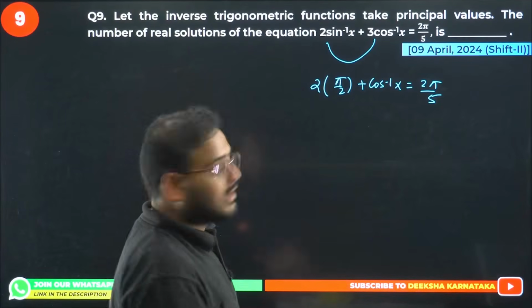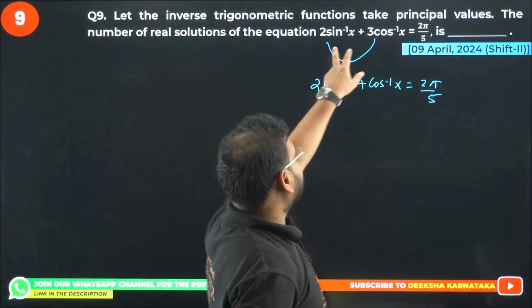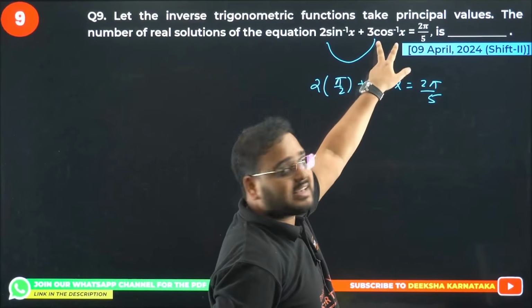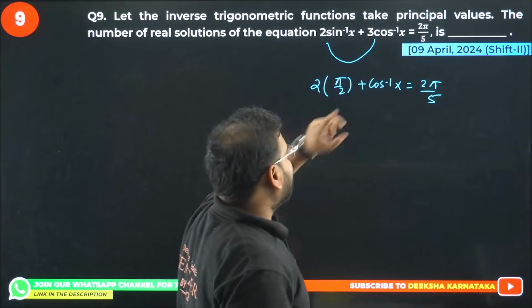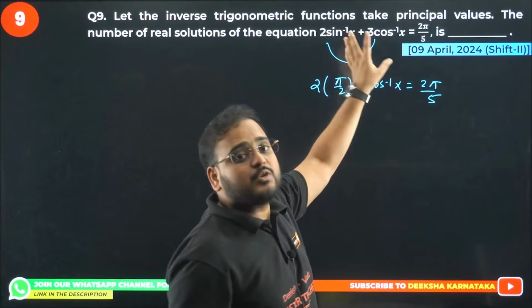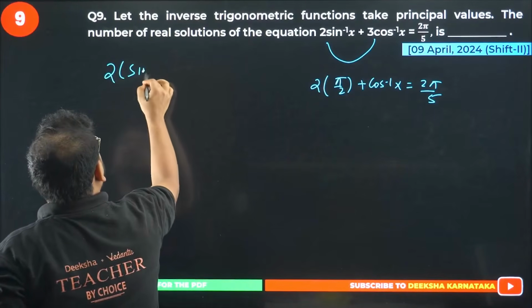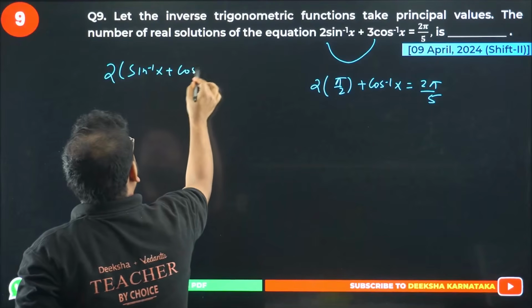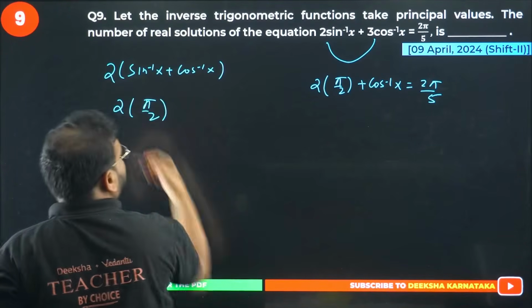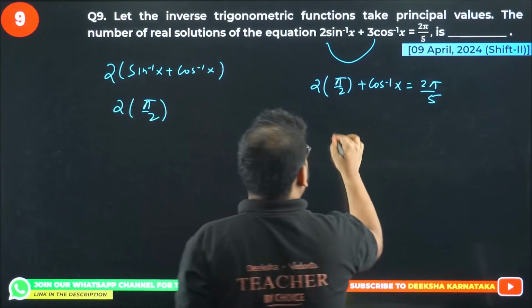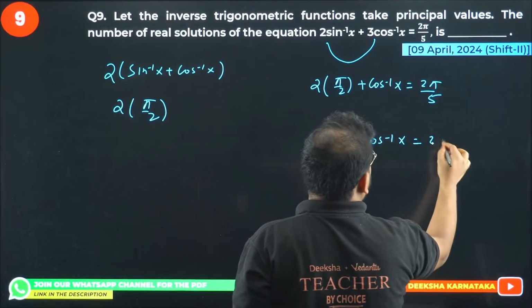If I separate 3 cos inverse of x as 2 cos inverse of x plus cos inverse of x, and combine 2 sin inverse of x and 2 cos inverse of x, it becomes 2 times pi by 2. How much is that? Pi, plus cos inverse of x equals 2 pi by 5.